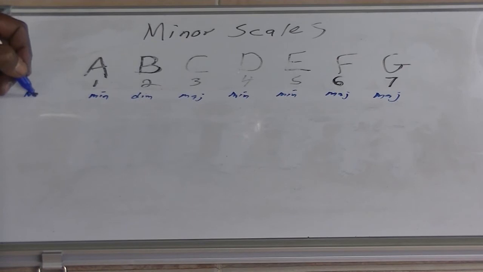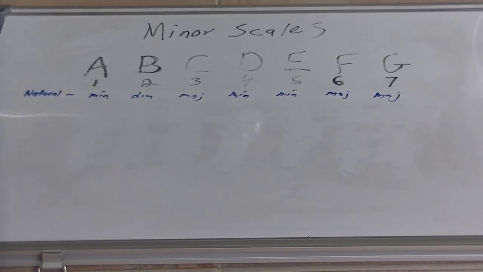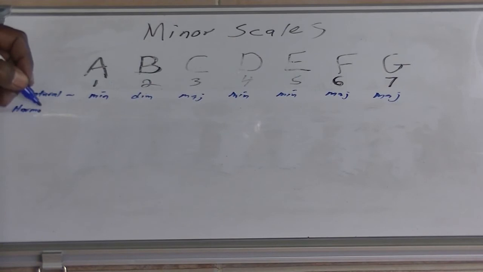But I'm just writing over here that natural, and then a sort of an indicator of what we have with the scale tone chords. Now, if we go to the harmonic minor, and remember the harmonic minor is the one where we have the raised 7th.